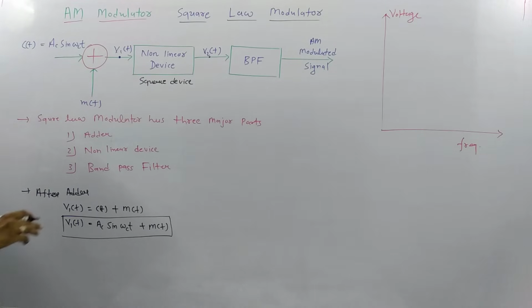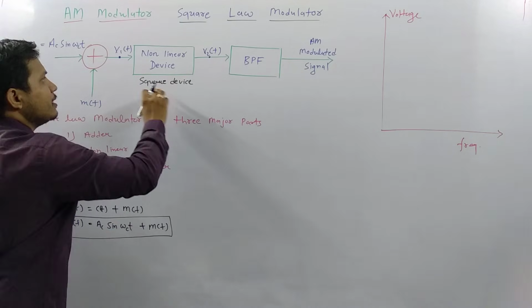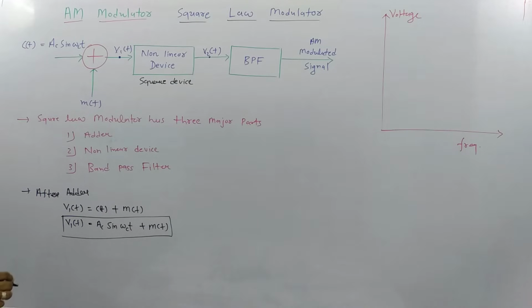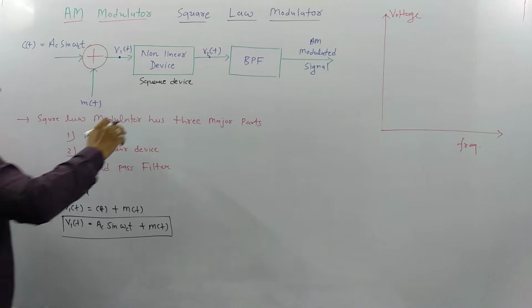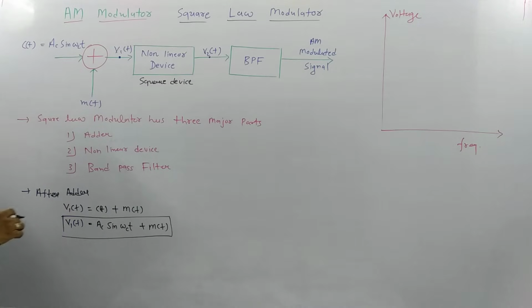Now once this signal passes through the non-linear device, our output signal will be V2(t). So what will that V2(t) be after the non-linear device?